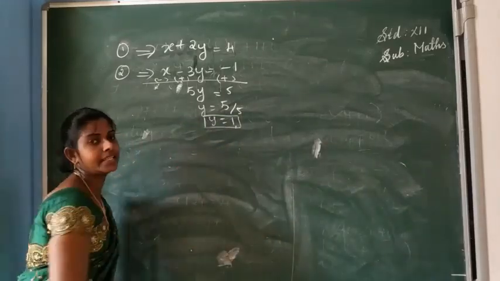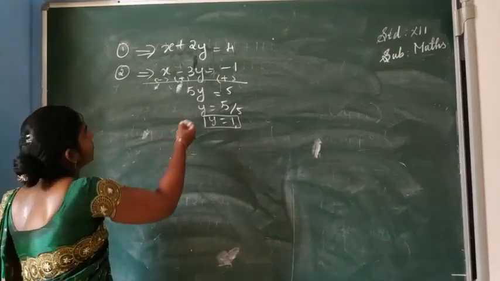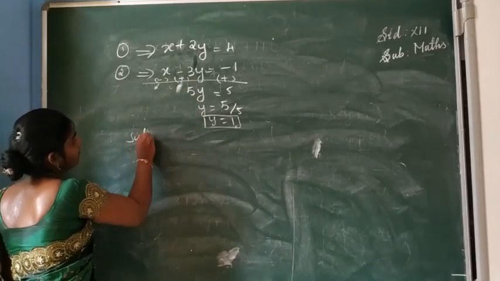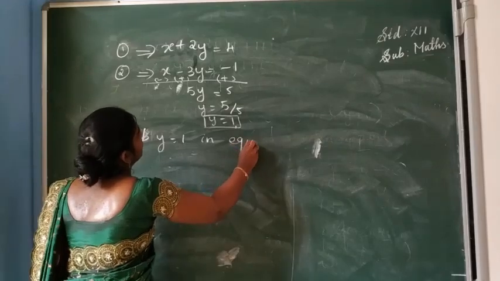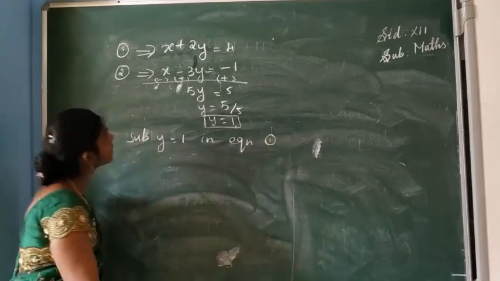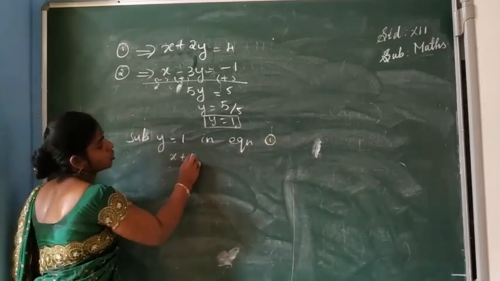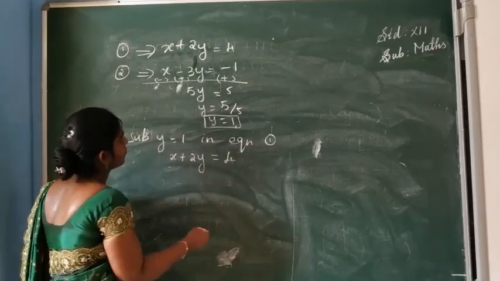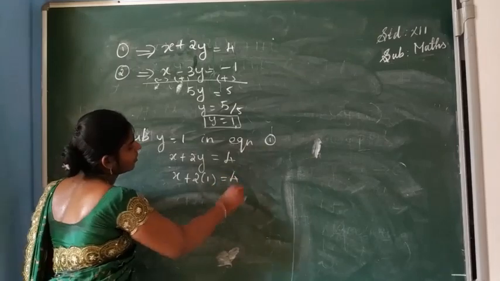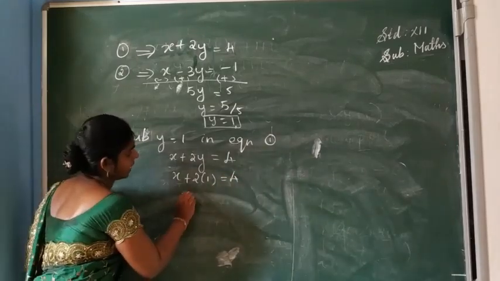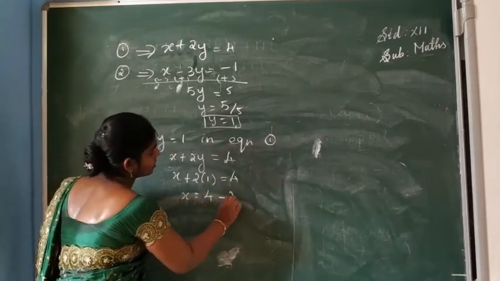So we can substitute this y value in any one equation. So substitute y equal to 1 in equation 1. So x plus 2y equal to 4. So x plus 2 into 1 equal to 4. So x equal to 4 minus 2.